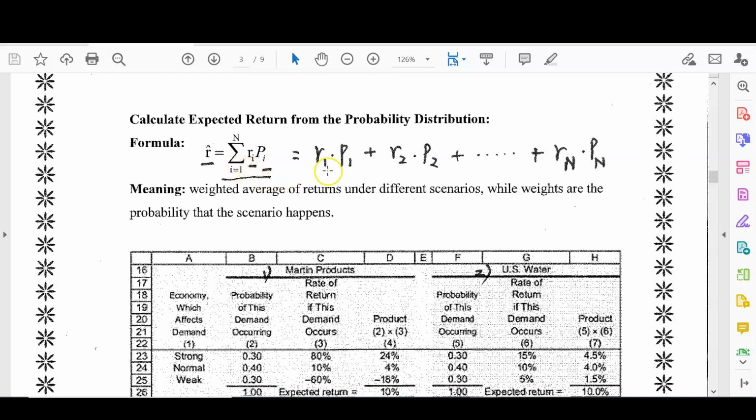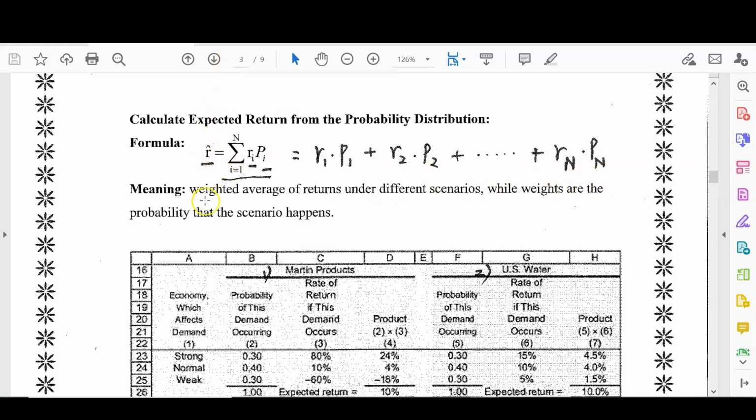So it's going to be R1 P1, the rate of return multiplied by the probability of the first scenario, plus R2 multiplied by P2, the rate of return in the second scenario multiplied by the probability in the second scenario, and goes on until we get to the end scenario. Add all these up, we would have expected return.